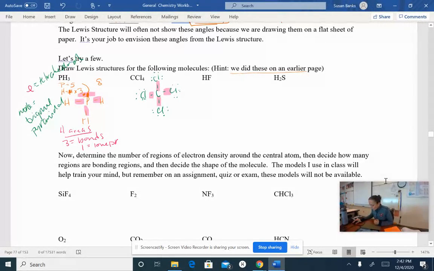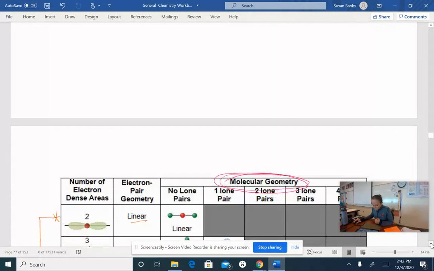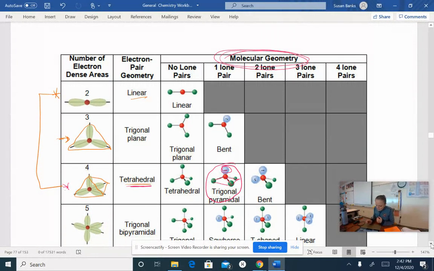So if I go down to my chart, I've got my 4 areas. So my electron geometry is tetrahedral, and because I have no lone pairs, my molecular geometry is also going to be tetrahedral. There's no lone pairs, right?